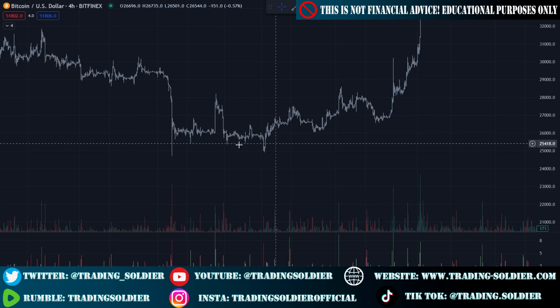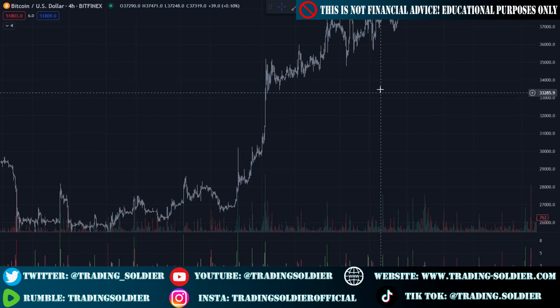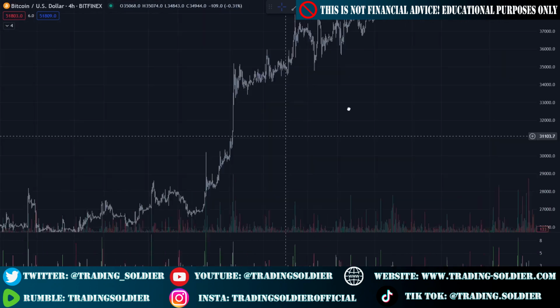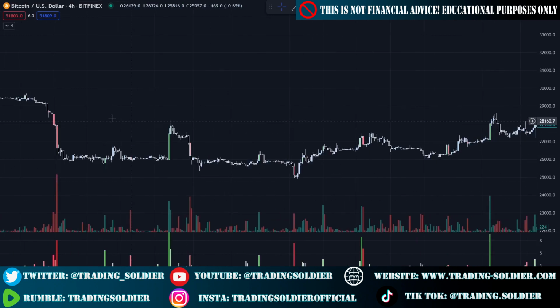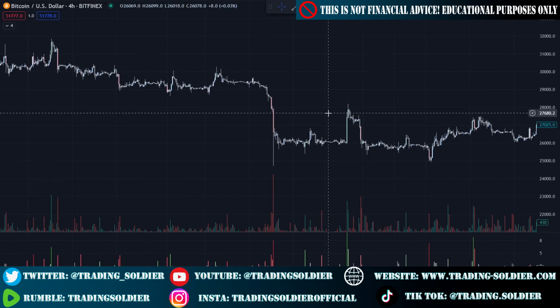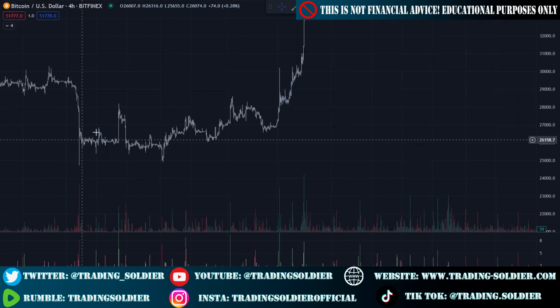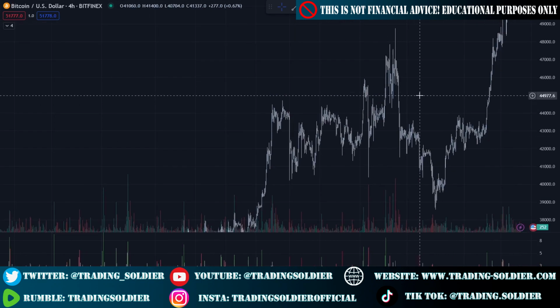Indeed, the price retested the support, but then it led to a major pump to the opposite side, okay? So we can assume that this selling volume, this candle here, was the buying trigger, the buying signal, okay? If you bought or longed here, you got all these profits to the upside.